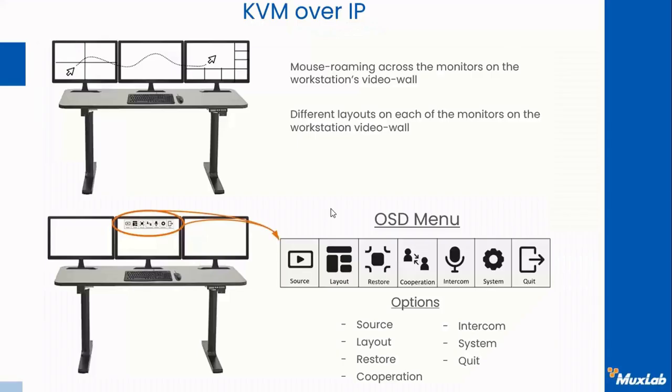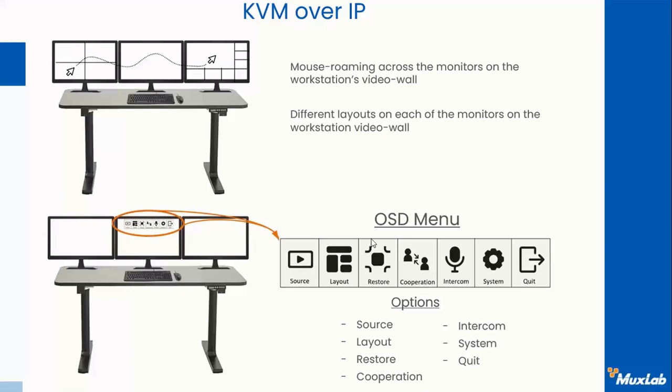So we're going to take a closer look at the on-screen display, the KVM portion, how you manage the KVM aspect of the product. Again, as we saw earlier, you can move across screens by just scrolling your cursor. As you move across, you'll automatically switch from one screen to the other to take control of any of up to 9 windows, 9 servers on a given screen.